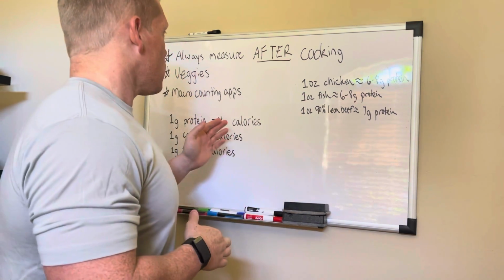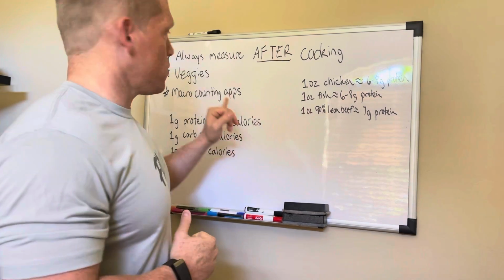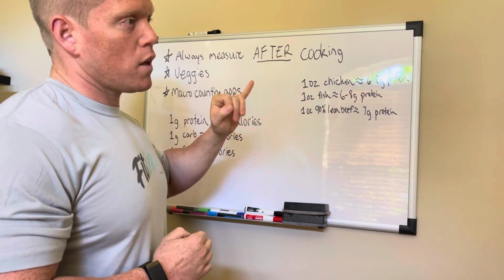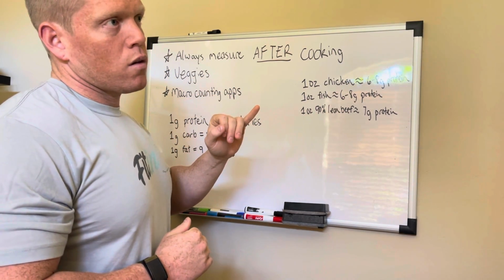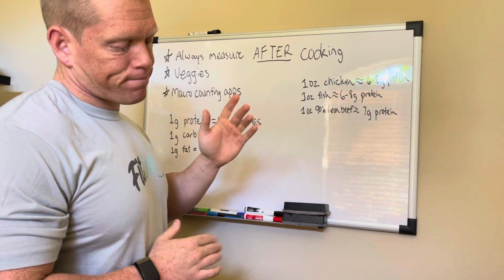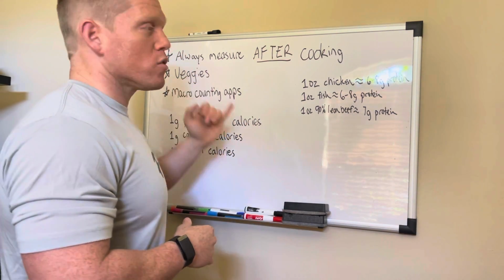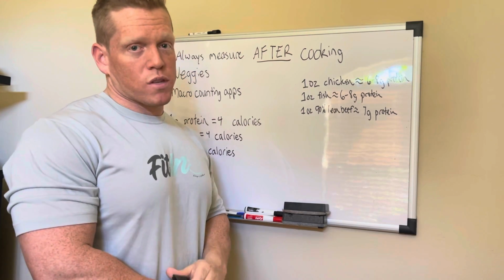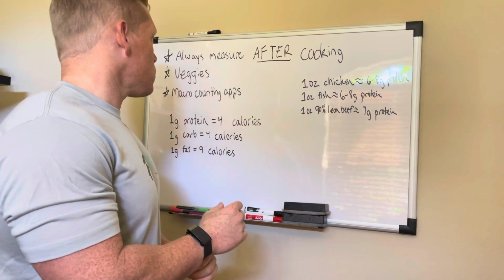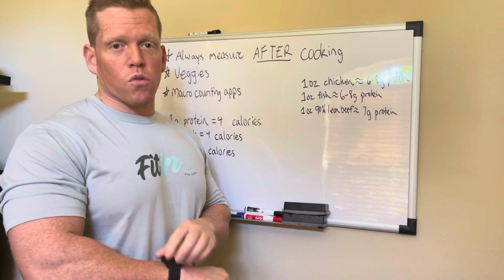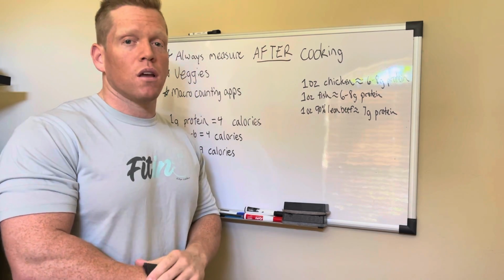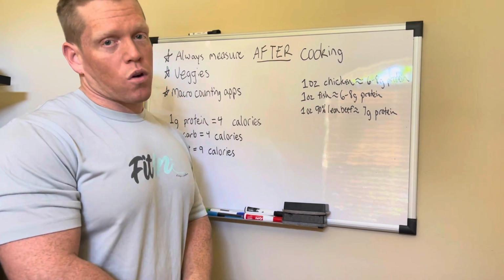So my rationale behind that is veggies don't affect our system like starchy carbs do, because most veggies are mostly fiber, right? So what does that mean? That means they don't actually digest like normal carbs do. They don't affect our insulin and our glucose levels like most carbs do.